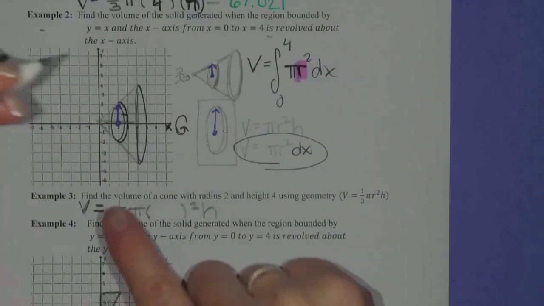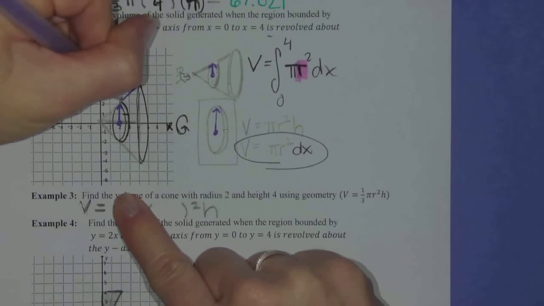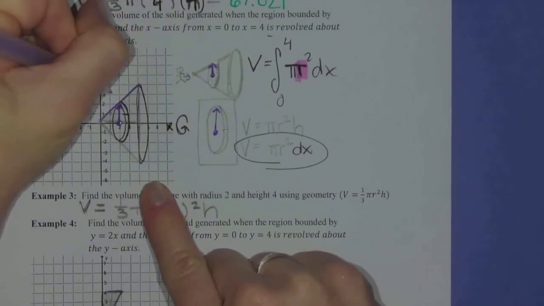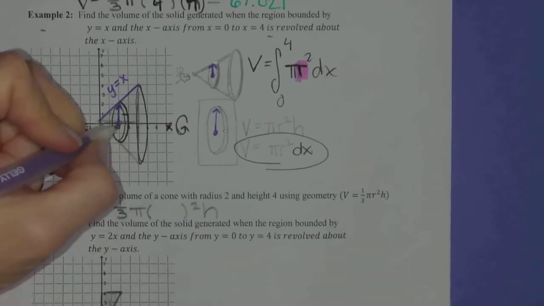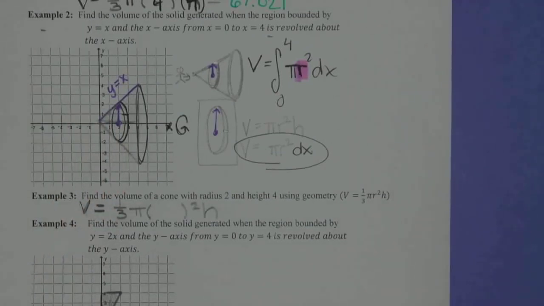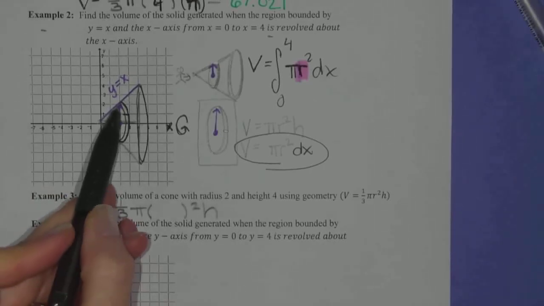But where's the edge of the circle? Well, the edge of the circle runs along the line y equals x. So the radius of any cross section, the little ones, the big ones, and everything in between, is just going to be y equals x.